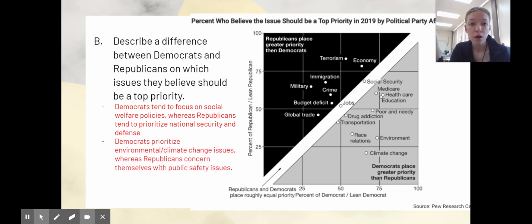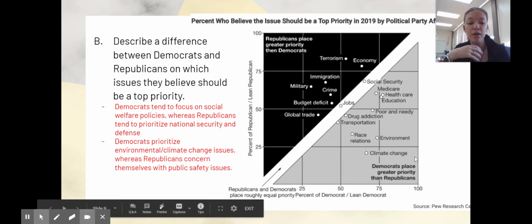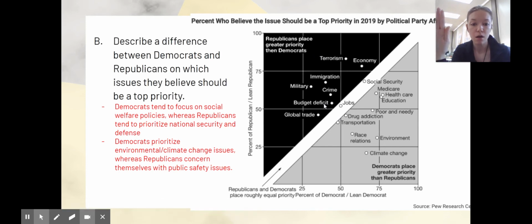You could also say that Democrats prioritize environmental and climate change issues. And that's what I was saying. I think it would be good if you went down here, right? Because that's far away from the Republican priorities. Climate change, right?